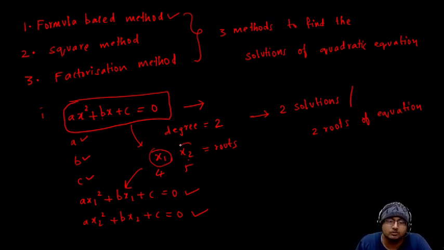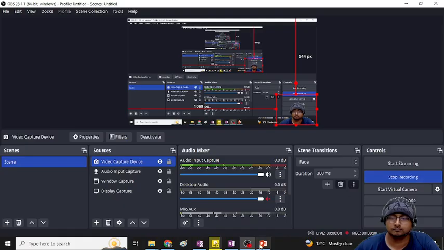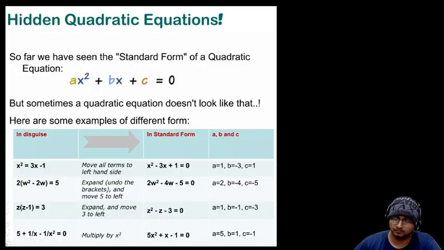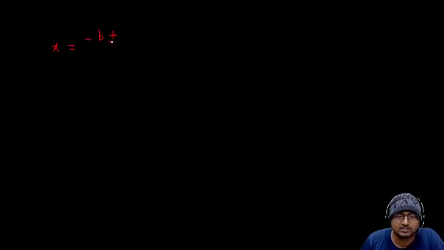So how to find these roots x1 and x2? We have a formula. So what is that formula? x equals minus b plus or minus under root of b square minus 4ac, divided by 2a.